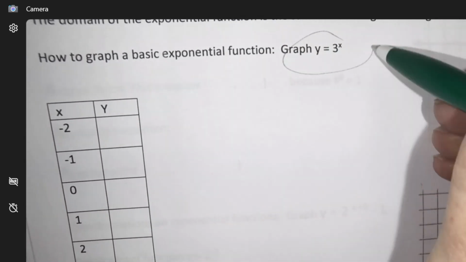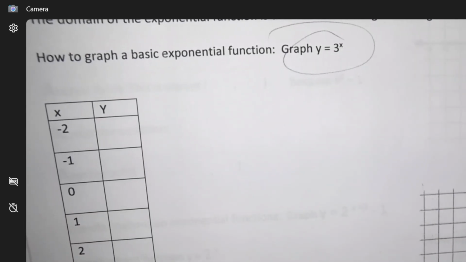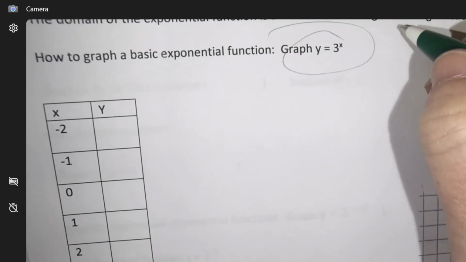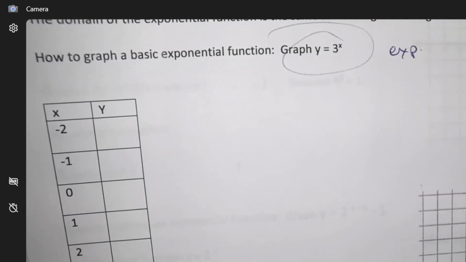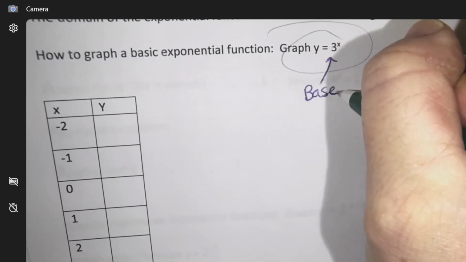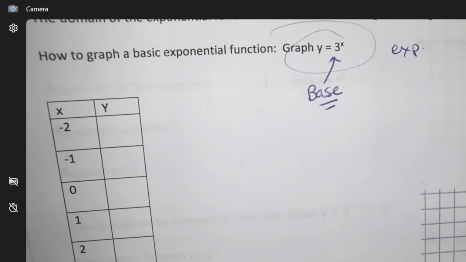What kind of format would you say this is, a log or exponent? What kind of format does it show us? Exponential form, right? The base is 3.